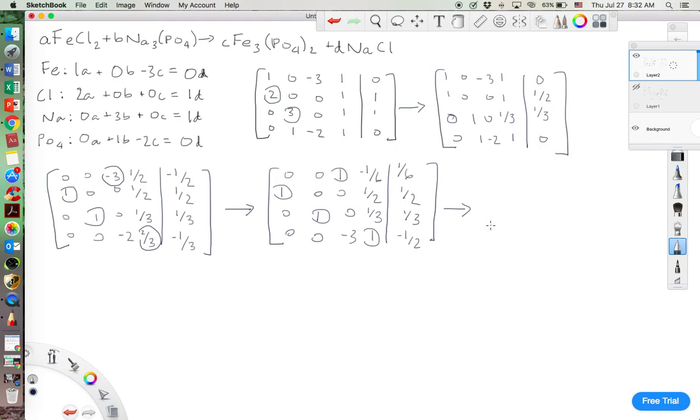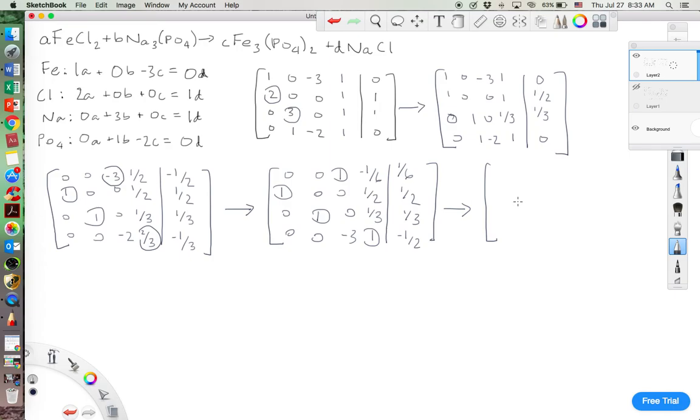And so I've got R4 plus 3R1. Right, R4 here, we've got a -3. We're going to add to that 3 times R1. And then we're going to take R4, multiply it by 2 after that, because if we multiply 3 by 1/6, we've got 1/2. 1 minus 1/2 is 1/2, and so I'm skipping a step here in order to save time.